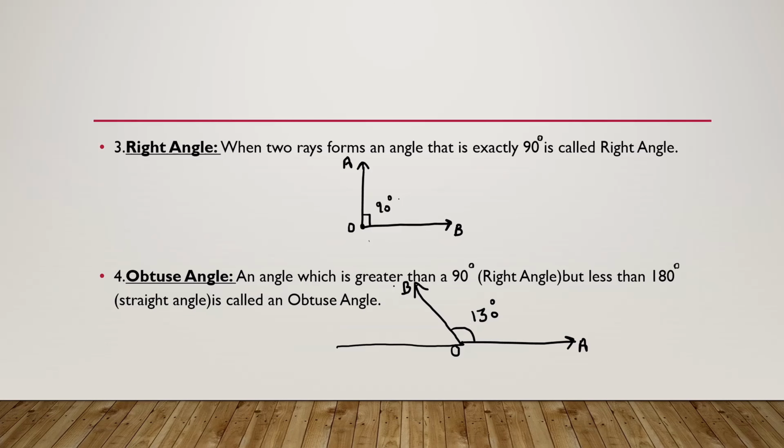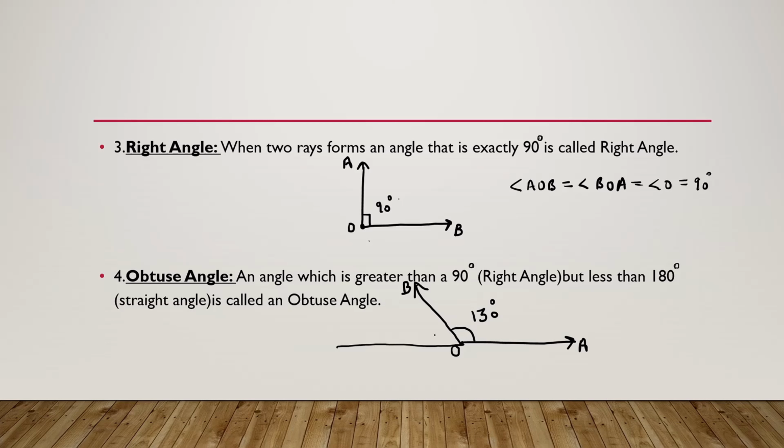Third one is right angle. When two rays form an angle that is exactly 90 degree, it is called a right angle. Angle AOB equal to angle BOA equal to angle O is 90 degree. And fourth one is obtuse angle, an angle which is greater than 90 degree but less than 180 degree.